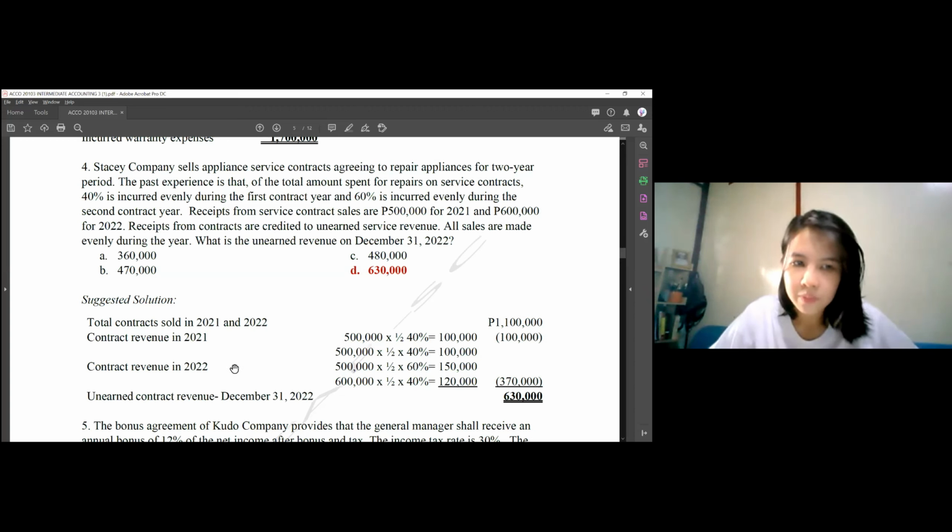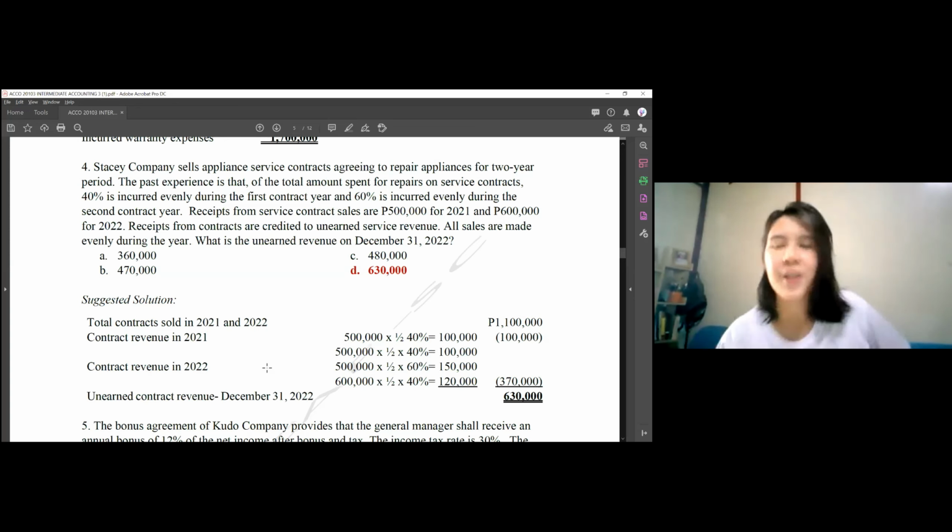Then the contract revenue in 2022, I think this should be in this line rather, is 500,000 times half of it times 60%.